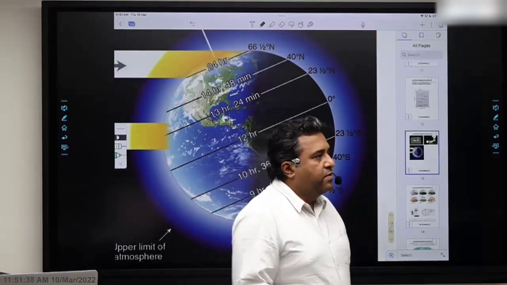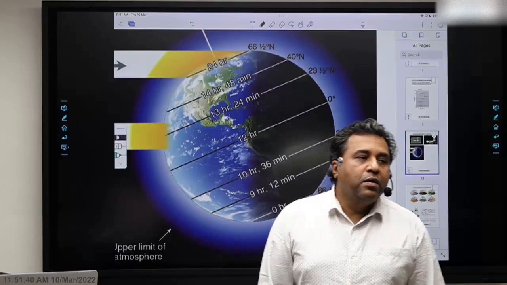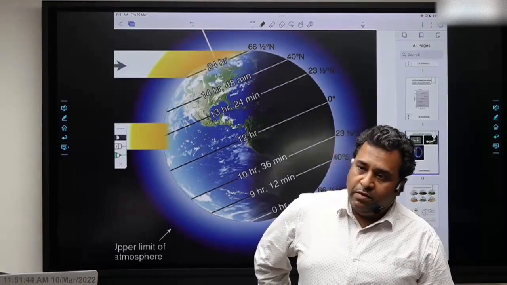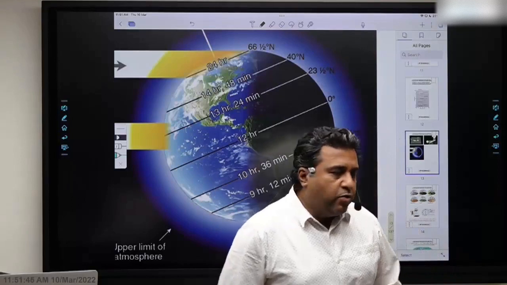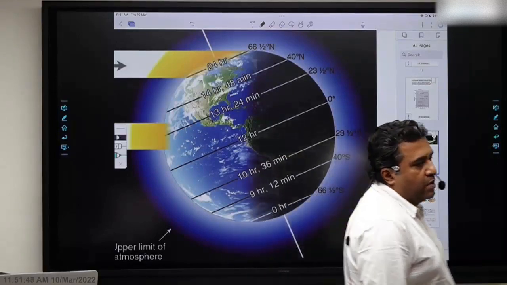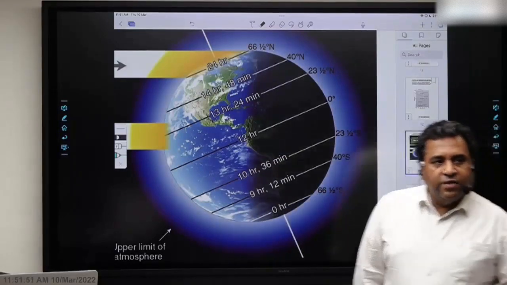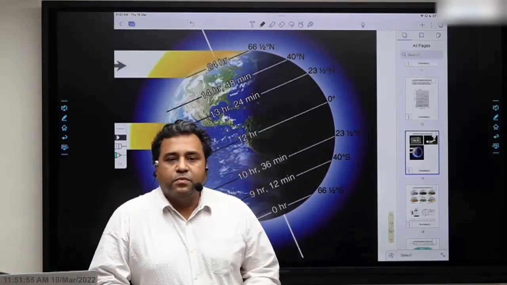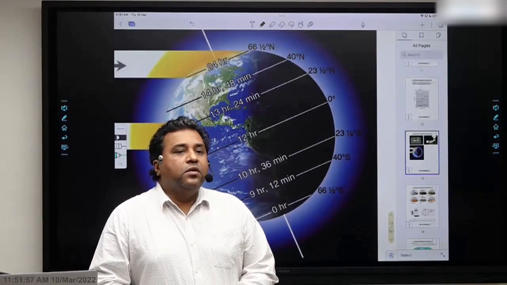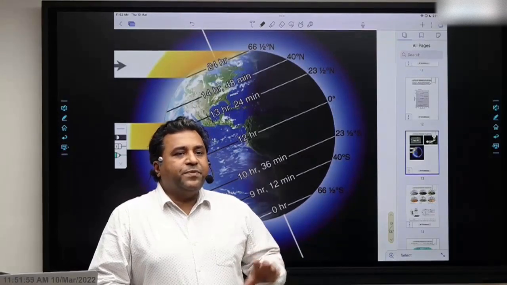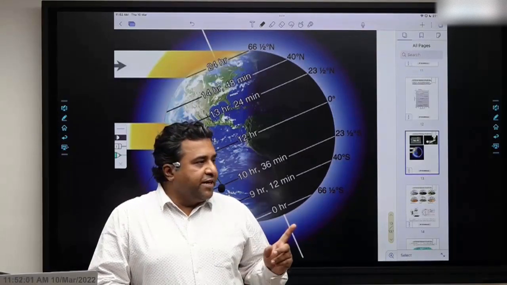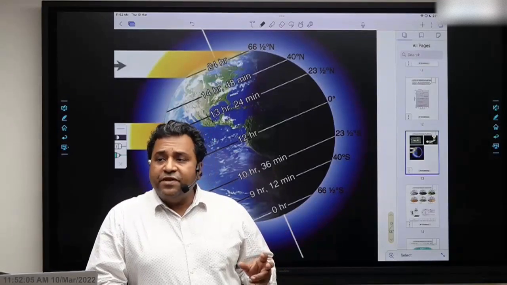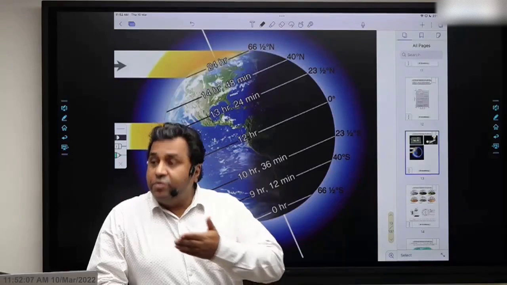Then the second factor, the tilt of the earth. Tilt of the earth with respect to what? The orbit or the sun? The sun. The tilt of the earth with respect to the sun will also affect the insolation. How? On which dates is the earth not tilted with respect to the sun?